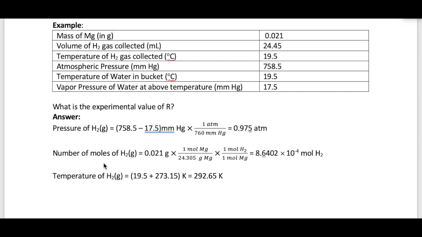And then the next step is to calculate the number of moles, and this is done by using stoichiometry. So I start with the mass of magnesium that I use, divide that by the molar mass of magnesium, which is given here, and then use the mole-to-mole relationship between magnesium and hydrogen gas in the equation, and that gives me this value right here for the number of moles of H2.